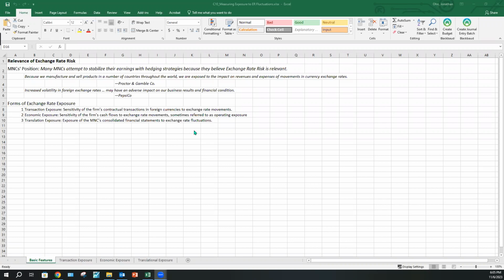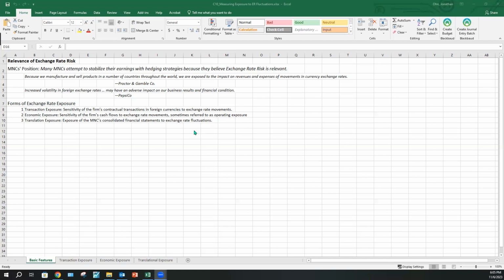Increased volatility in foreign exchange rates may have an adverse impact on our business results and financial condition. All right. Okay.